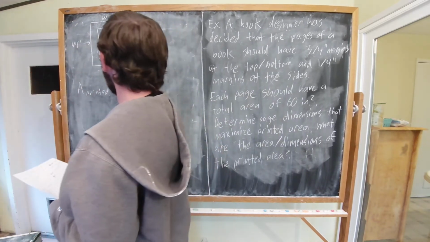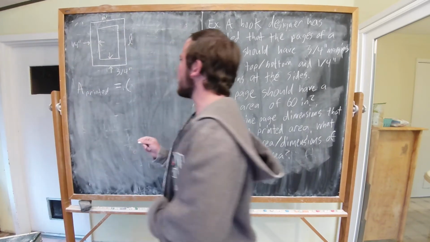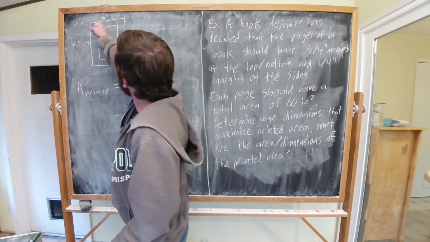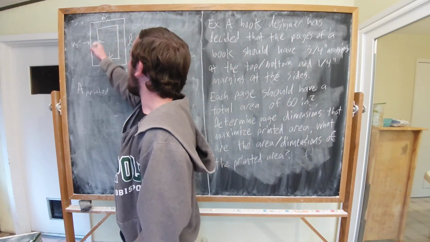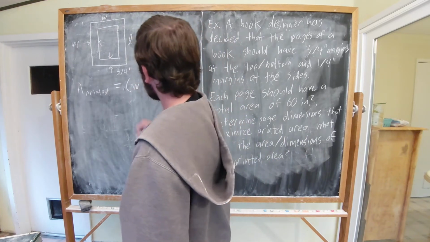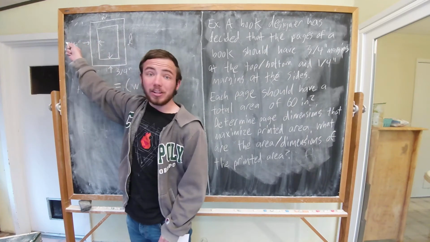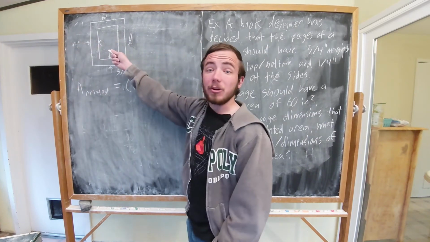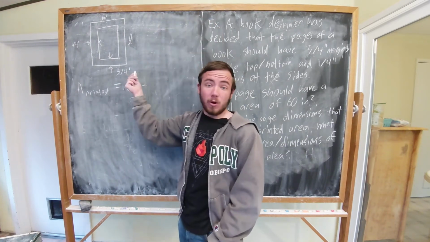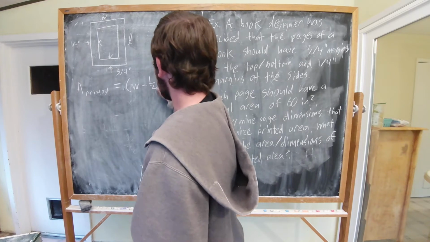aka the thing we're trying to maximize, is what? What are the dimensions of it going to be? Well, it's this dimension times this dimension. What are each of those dimensions? Well, the width of the overall page, we're going to subtract 1/4 inch on each side, and that'll be the width of our printed area. So it's going to be W minus 2 times 1/4, W minus 1/2.